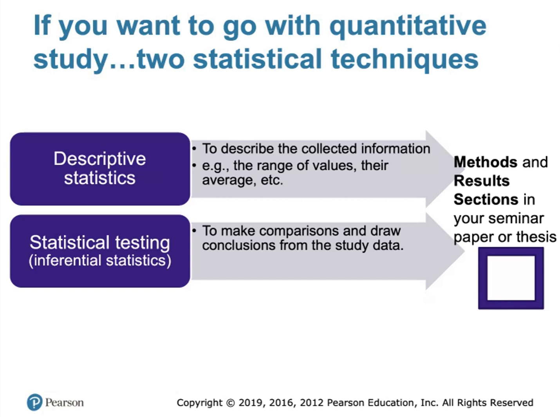And for statistical testing, you're gonna make comparisons and draw a conclusion from the study data. So with these two techniques, your method and results section in your seminar paper or thesis will be done. So check mark, okay? For this week, we're gonna focus on descriptive statistics, and next week, we're gonna focus on statistical testing.